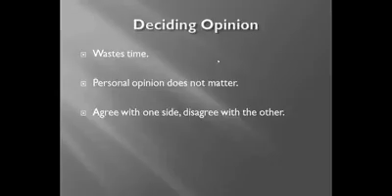The simplest way is just pick one side that you agree with and pick the other side that you disagree with. Don't worry about your personal opinion, just pick one and do it quickly, and that will lead to your opinion being very, very clear throughout the whole essay, and will mean that you can complete your essay in just 4 paragraphs. So it's quicker, easier, and more effective to do that.